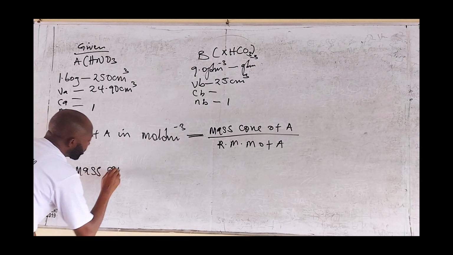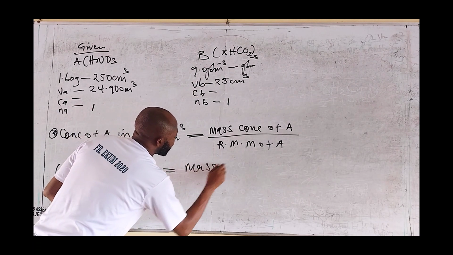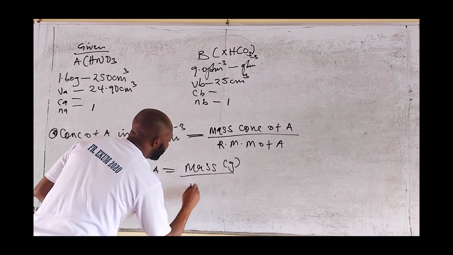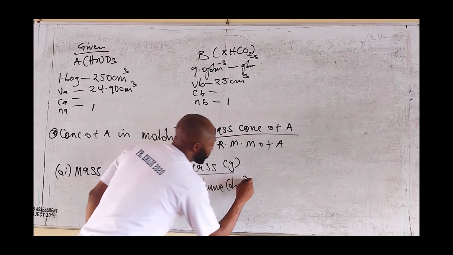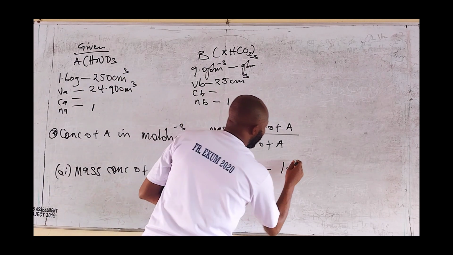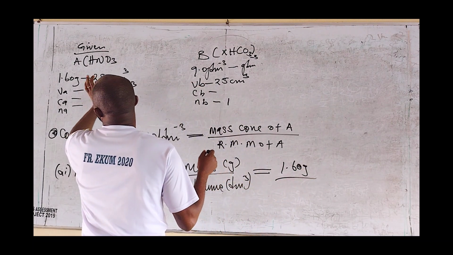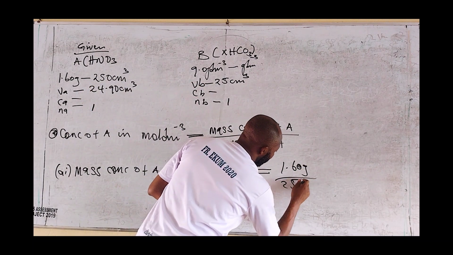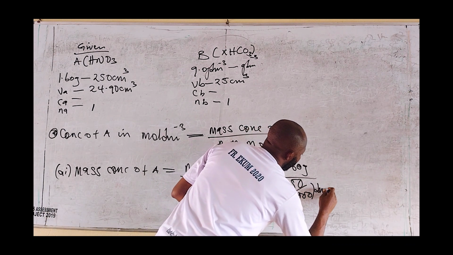Mass concentration of A is equal to mass in gram over volume in dm³. The mass is 1.60 gram, and the volume is 250 divided by 1000, in dm³.